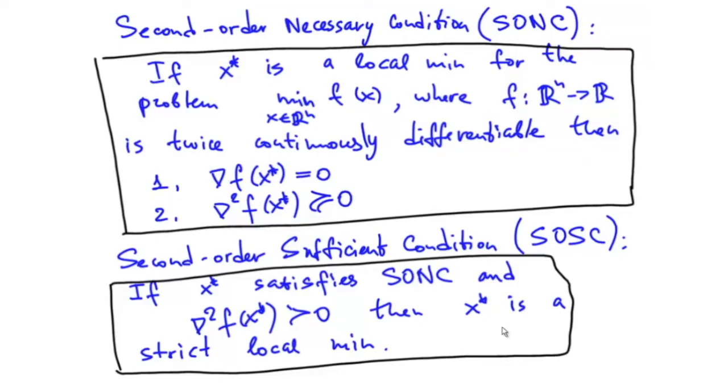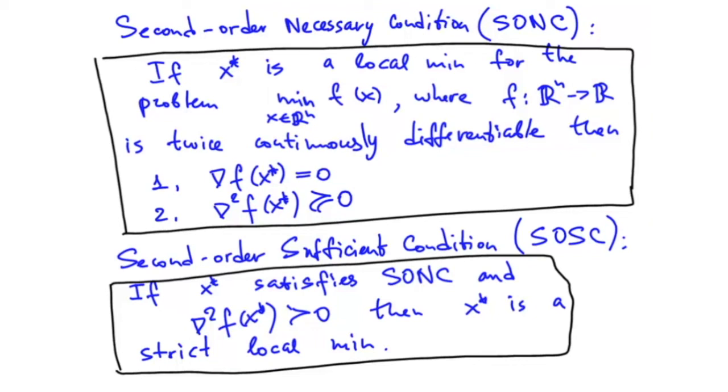By looking at these conditions here, we can come up with a strategy for finding local minimizers, right? So what will be the strategy? Just like we did with a very simple one-dimensional example, we can try a similar strategy. So what was the strategy with the simple one-dimensional example that we mentioned before? We took the first order derivative, right? We tried to find all points where the first order derivative is equal to 0.